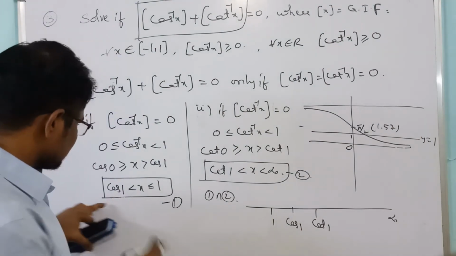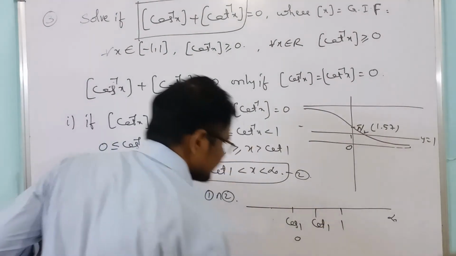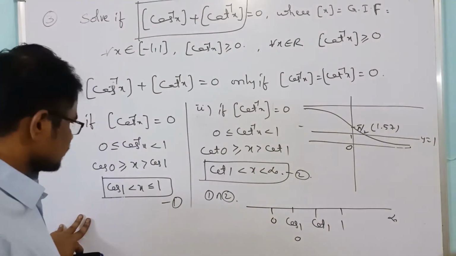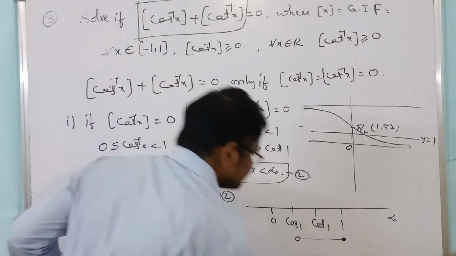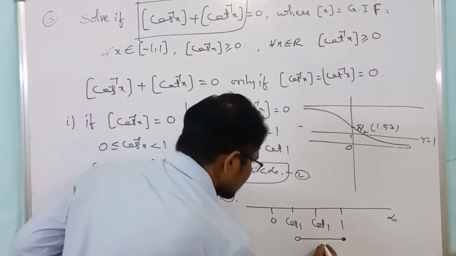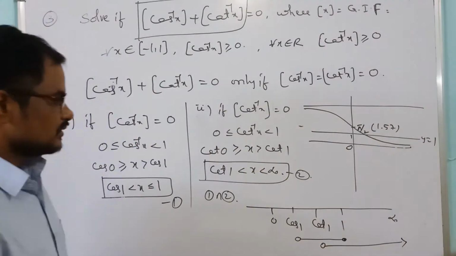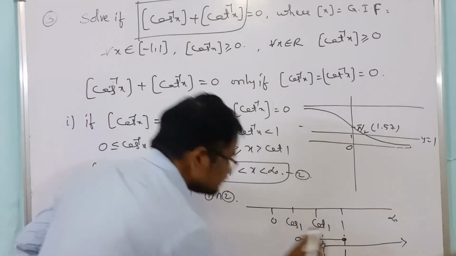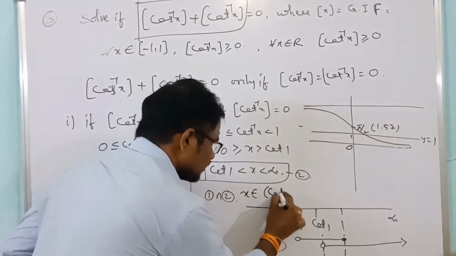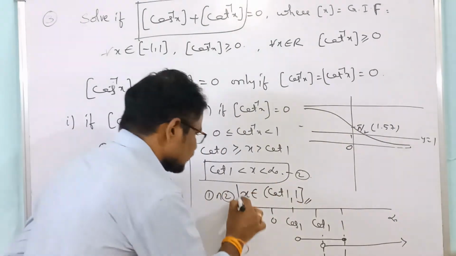Now this one is the open interval, cos 1, here this is 1. Now here it is 0, so cos 1 to closed interval 1. Next, this one is cot 1 open interval, cot 1 to infinity. So what is the common area? This is common. So that's why x belongs to open interval cot 1 to closed interval 1. This is our required domain.